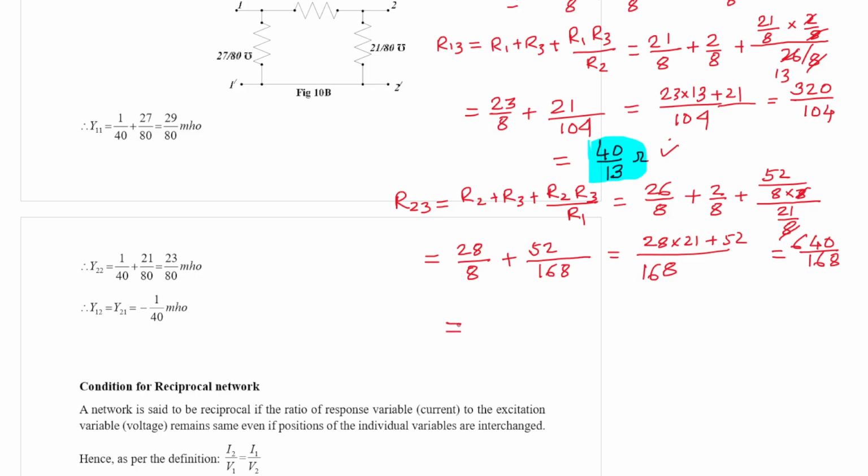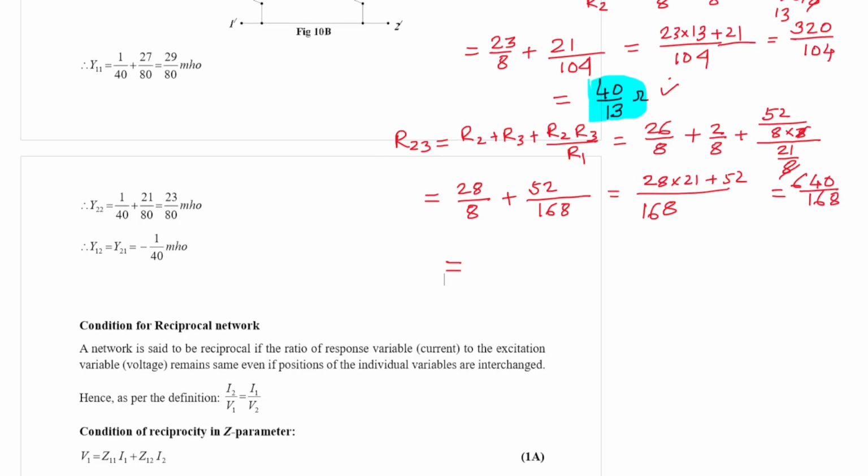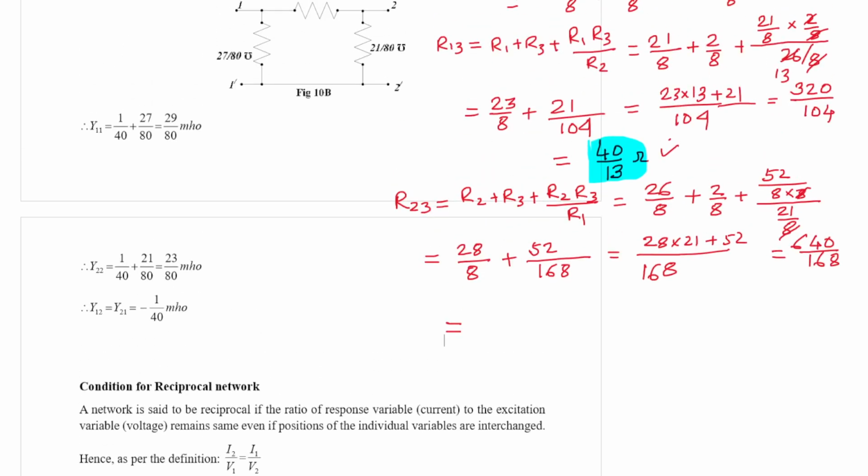So it will come around 80/21 ohm. So these three values, right?